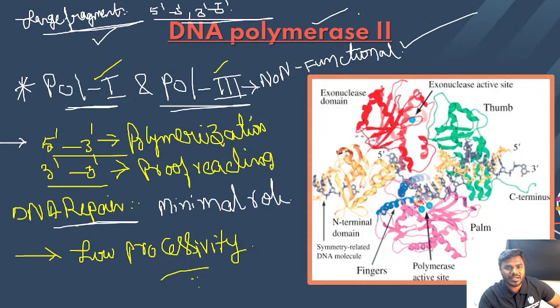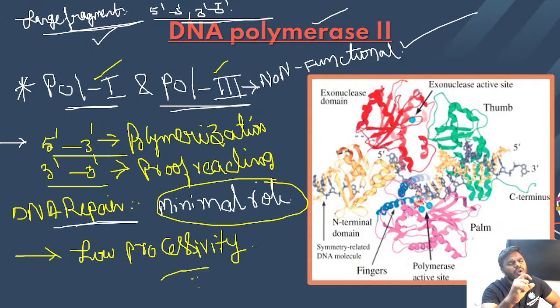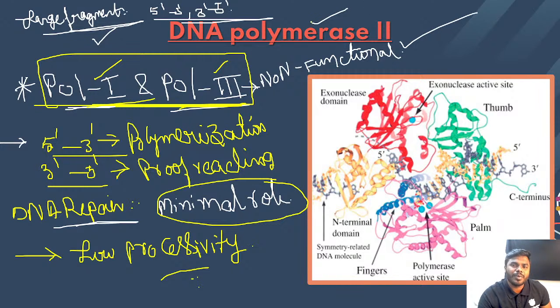DNA polymerase 2 is also involved in the DNA repair mechanism, but the role is extremely minimal. Because of its low processivity, it is not completely involved. But the point you have to understand is that when these two are not in the picture, then obviously polymerase 2 comes into the picture.